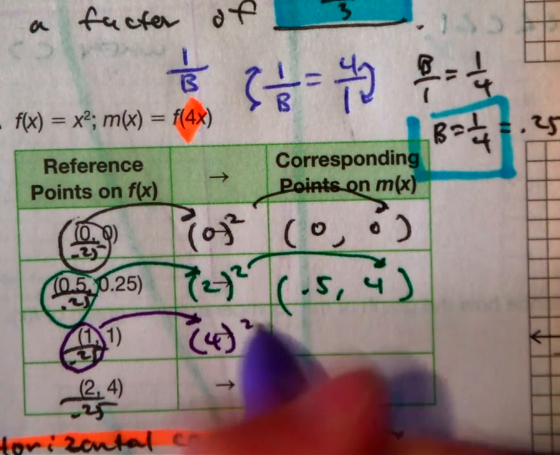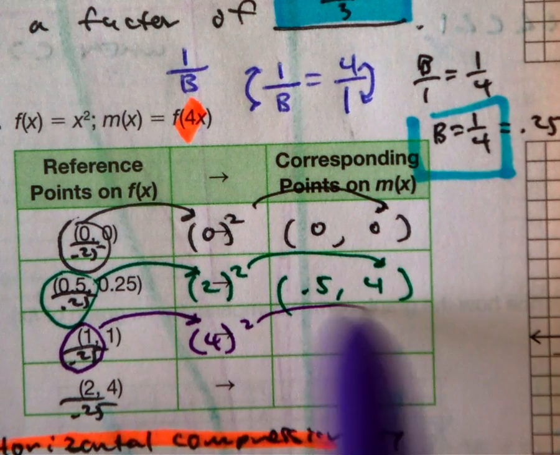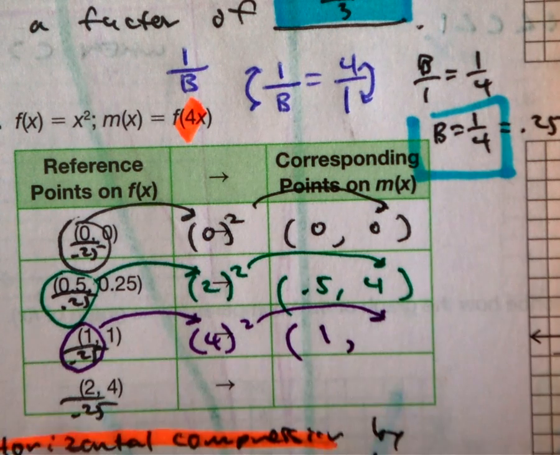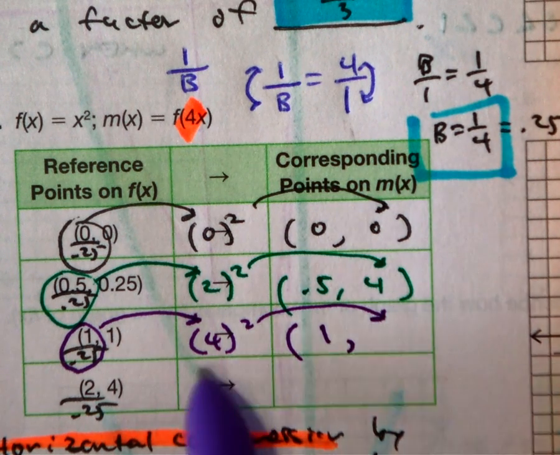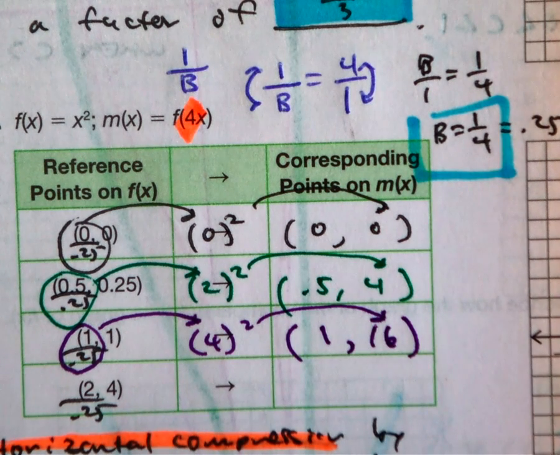And 4 squared gives you? So I'm taking the x coordinate, 1. Yes, 4 squared, 16. Thank you.